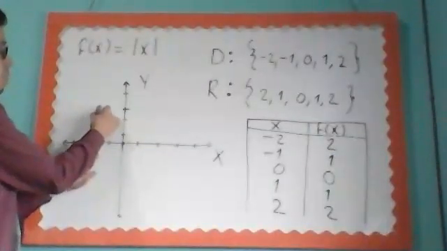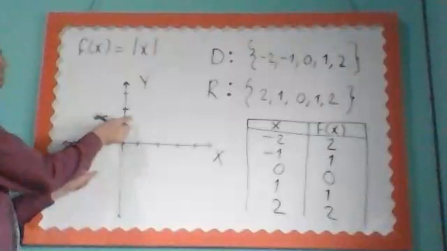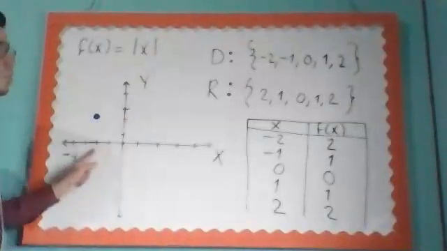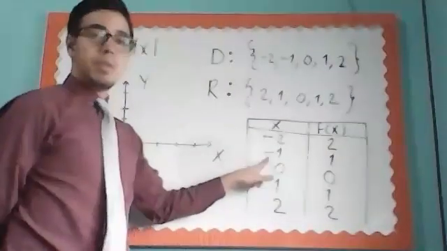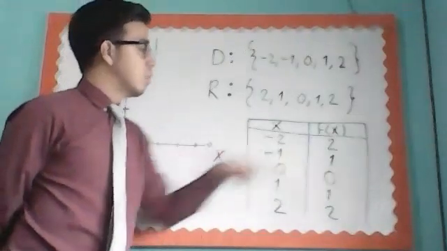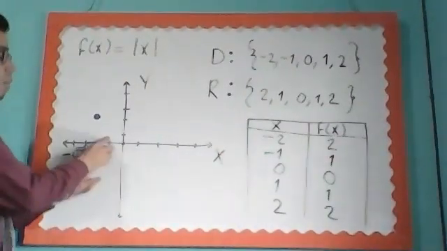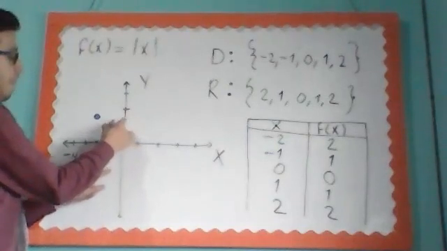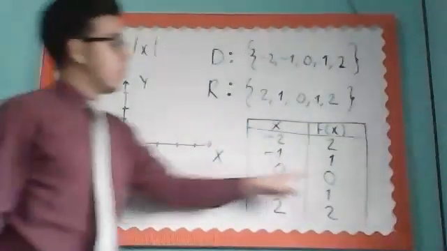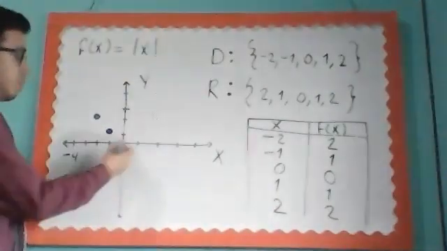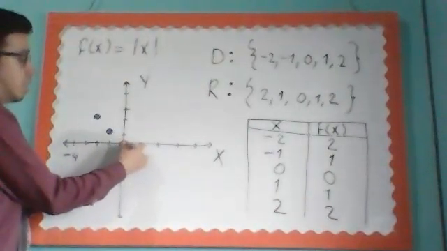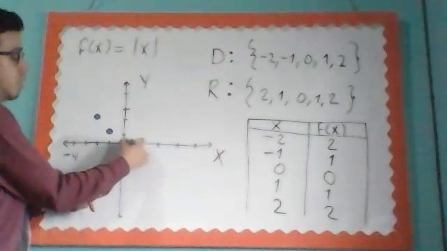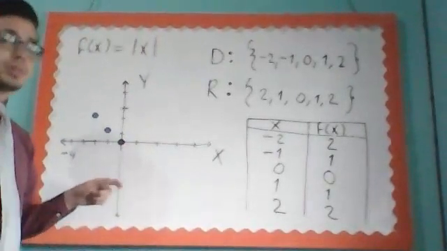So you place the point -2 and +2. -1 for the x and +1 for y. 0 equals 0. So what is the point 0, 0? The center of the graph.